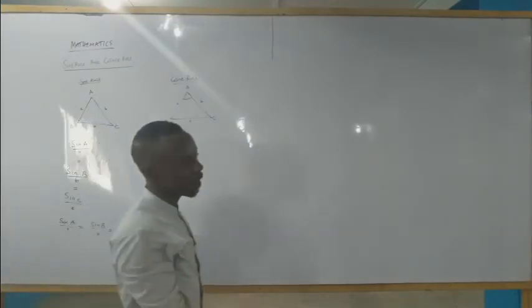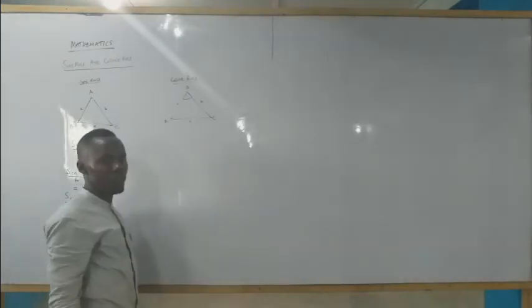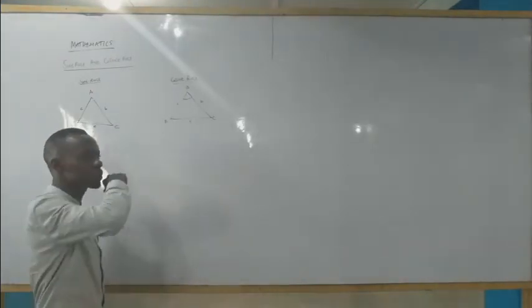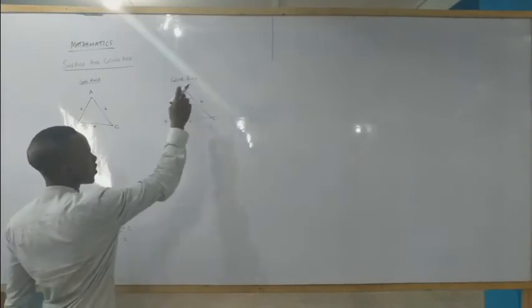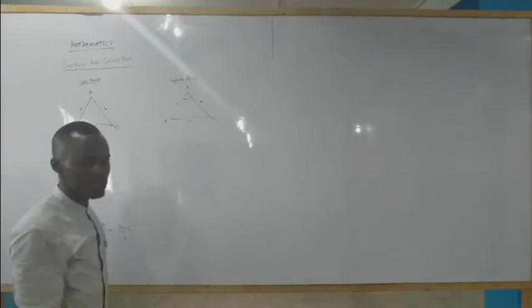In any given non-right angle triangle, the square of the unknown side, let us assume b and c are given, so meaning that a is the unknown side.